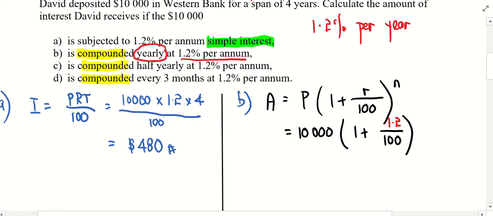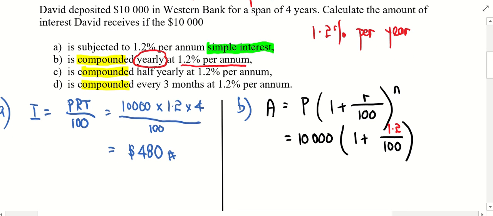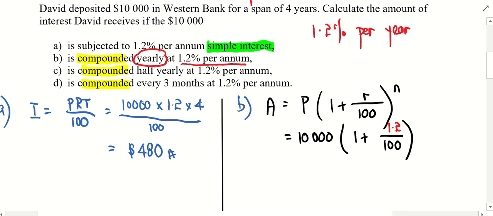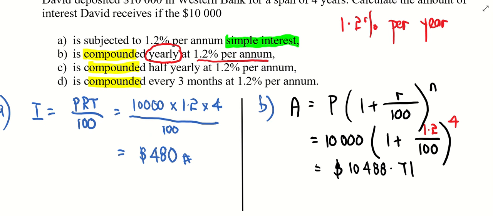Every 1 year is 1 period. How many years are there? 4 years. So if there are 4 years, how many periods are there? 4. Okay. Now press the calculator. Good that you mentioned all answers for dollars and cents must be rounded off to 2 decimal places. Check again. Is this the answer? Why no?